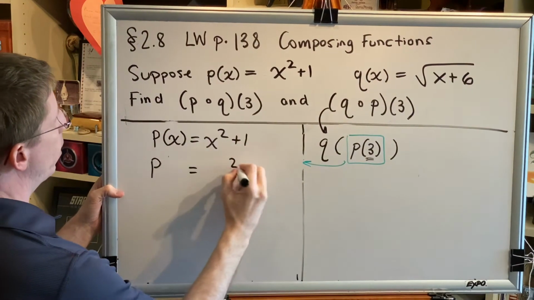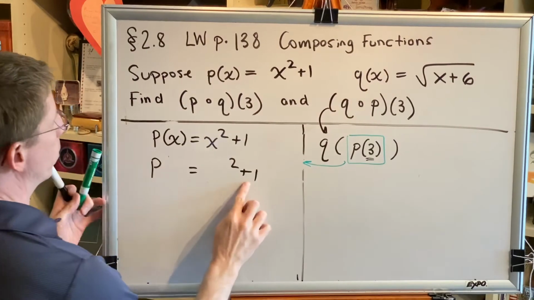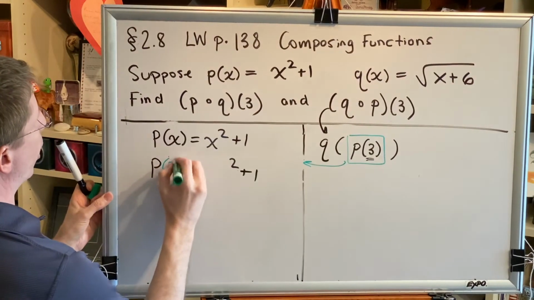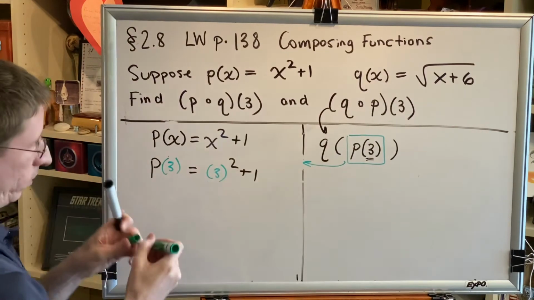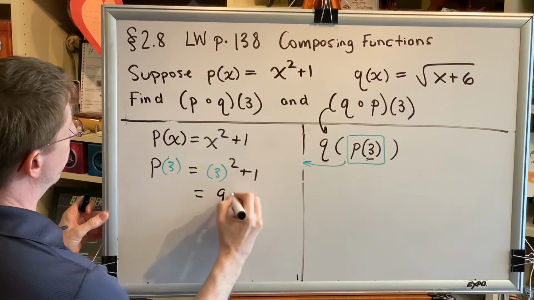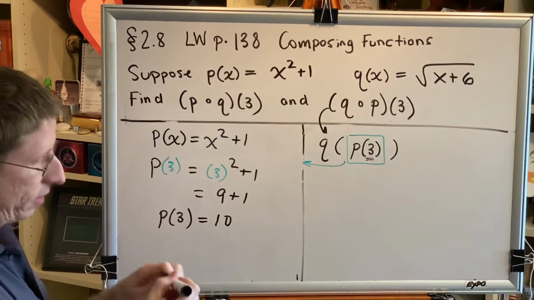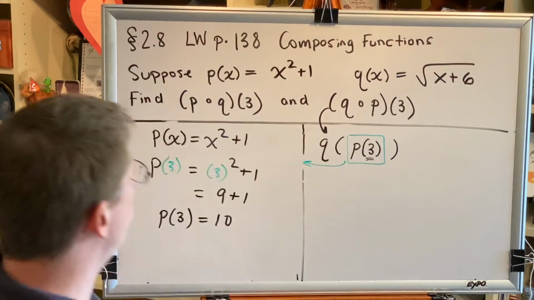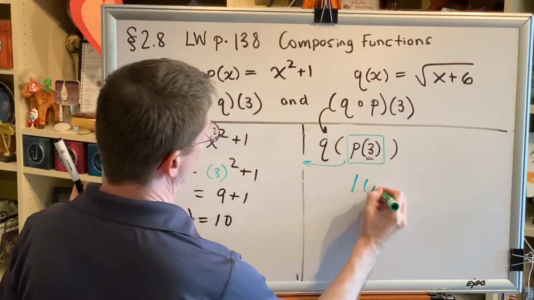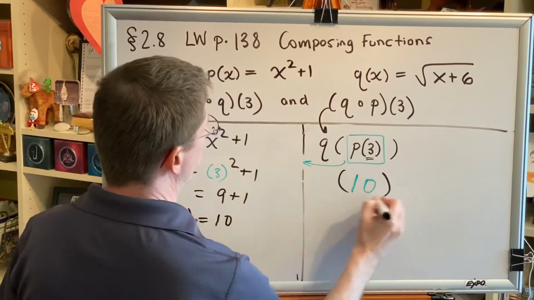So p of 3 is equal to 3 squared plus 1. We did this just a moment ago. So this is 9 plus 1, which is 10. P of 3 equals 10. So this right here is just a giant 10. The things around it stay the same.